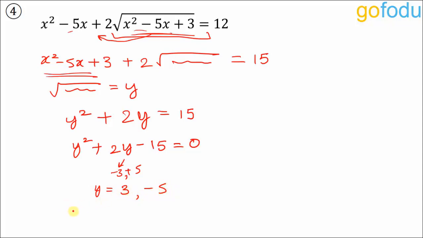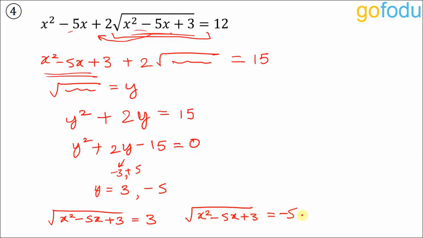So the two equations that we'll get from here are root of x square minus 5x plus 3 is equal to 3 and root of x square minus 5x plus 3 is equal to minus 5. Now if you have seen the square root inequality video, this is discussed there: whatever comes under the square root sign should be positive, and after solving the square root, whatever you are getting should also be positive.